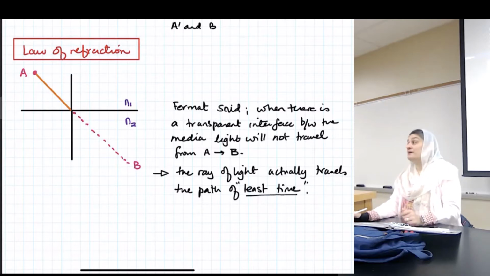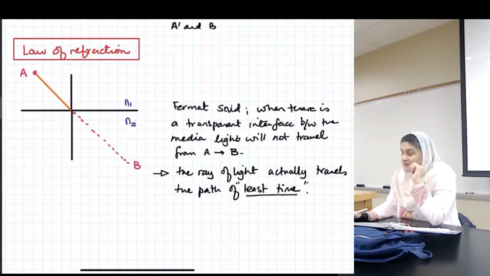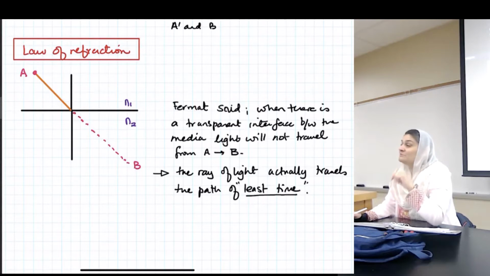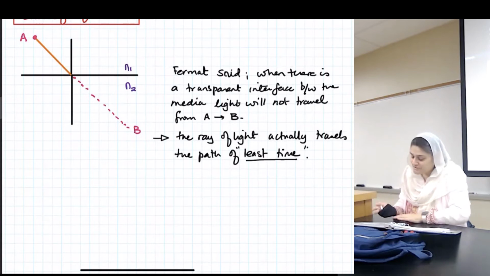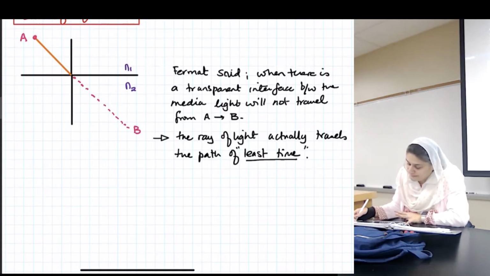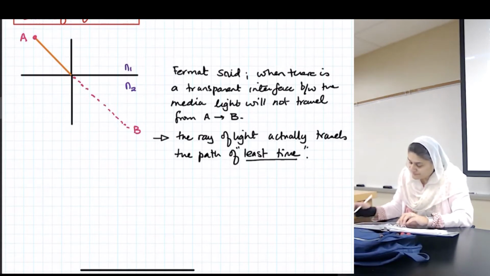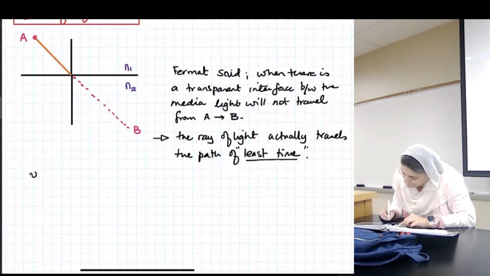That's another form of variational principle. So this is the generalized principle that he came up with, and Hero's principle becomes a part of this generalization. Okay, so what do we know? We know speed equals distance over time.